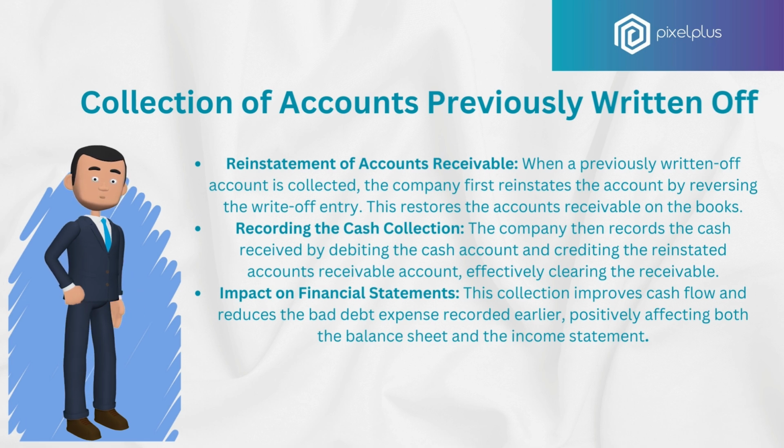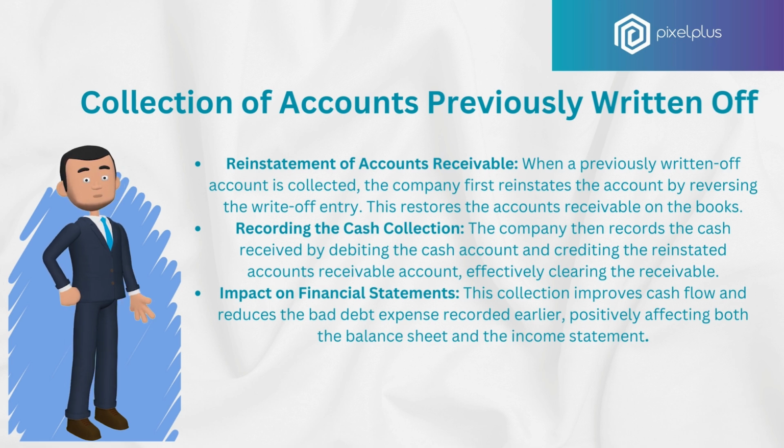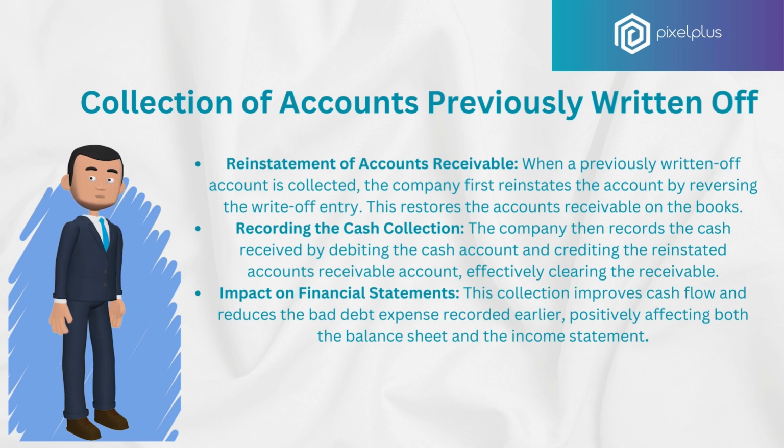3. Balance sheet impact. Accounts receivable: the reinstatement of the receivable temporarily increases the accounts receivable balance, but this is offset by the subsequent collection, which reduces it back to zero. Cash: the cash collection increases the cash balance, enhancing the company's overall asset position. 4. Income statement impact.